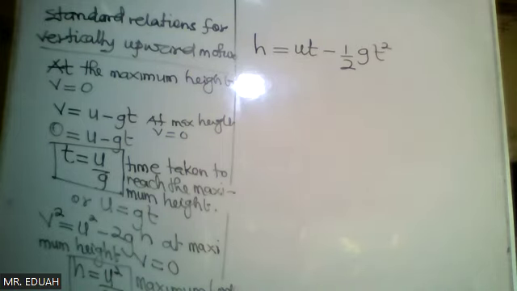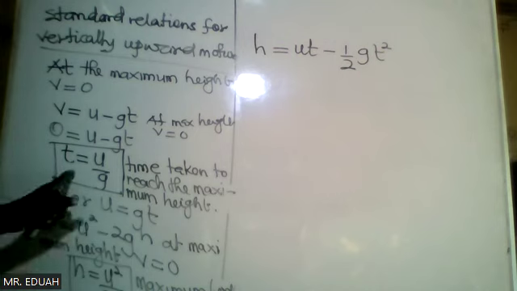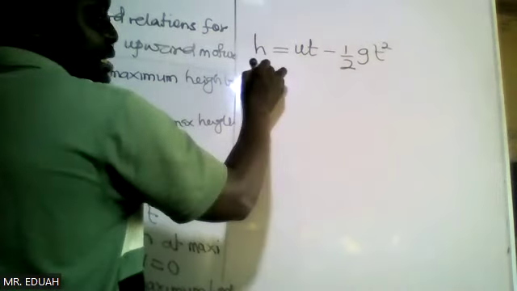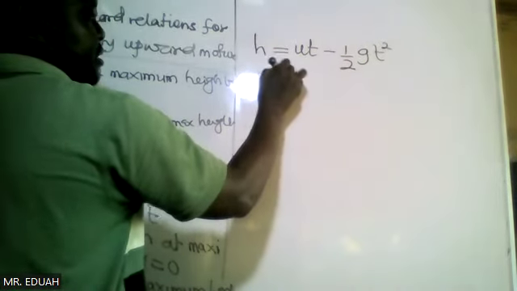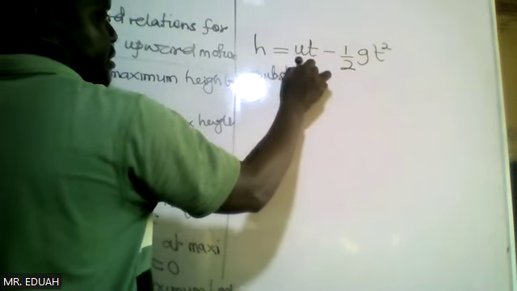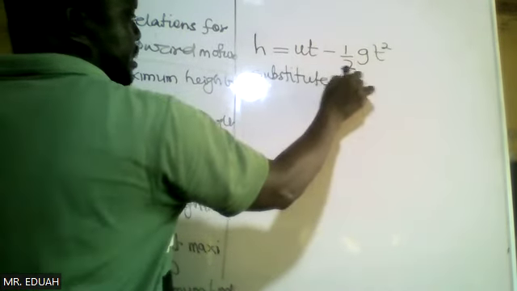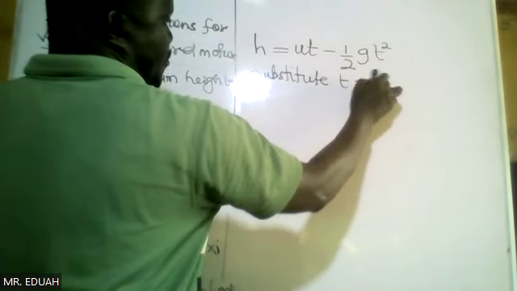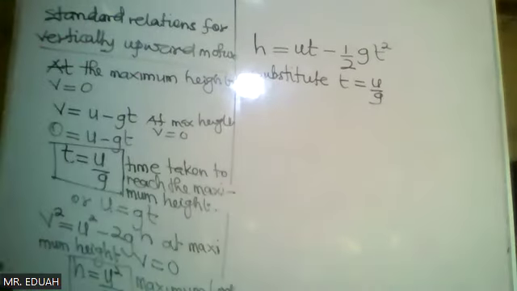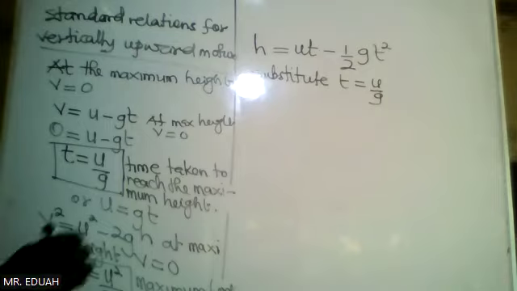Substitute the relation we have for time taken to reach the maximum height, t is equal to u over g. So wherever you see t, put that there.